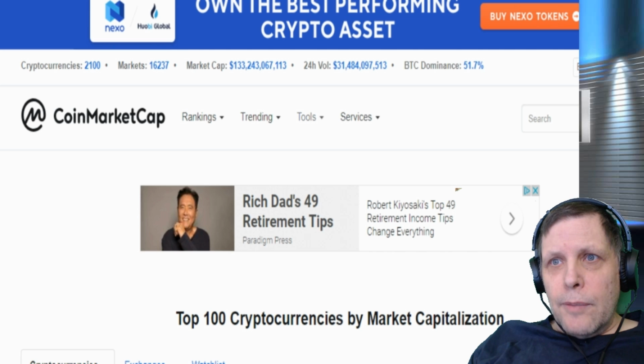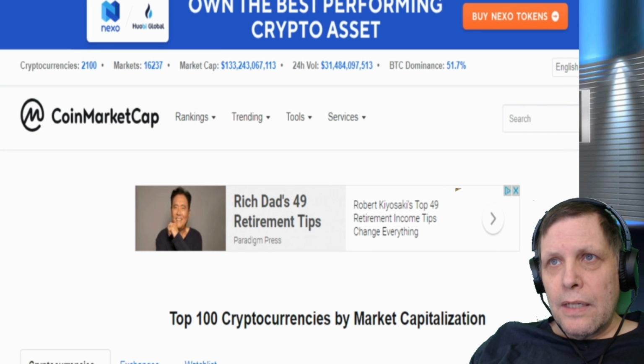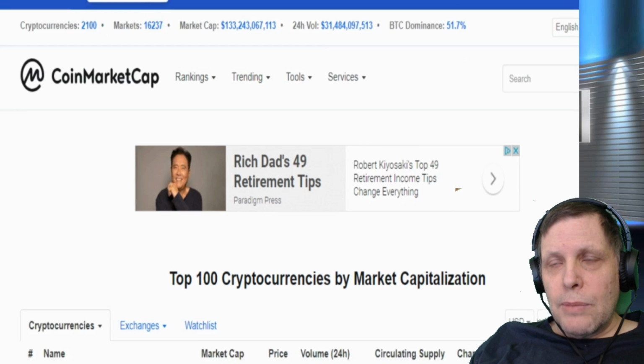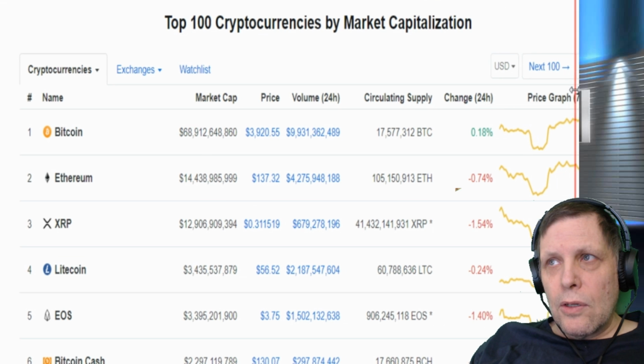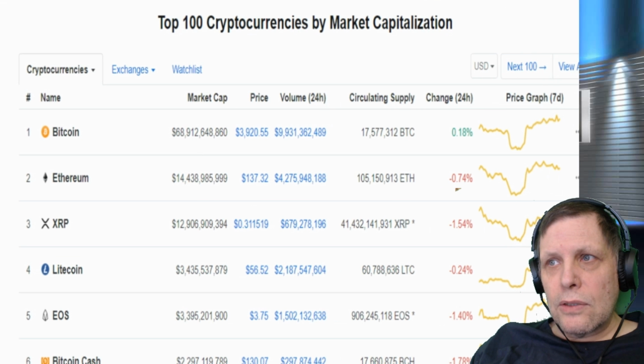Let's take a look at cryptocurrency market capitalizations. And what we're seeing here this morning is $133 billion, $133.2 billion, I should say. Bitcoin dominance 51.7%. And we're seeing a slow but steady increase in most of these coins.